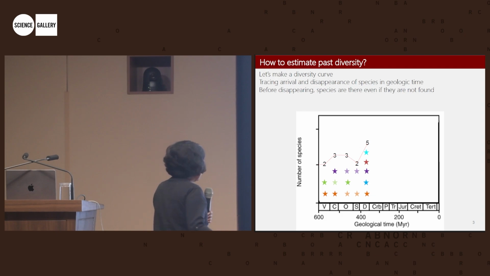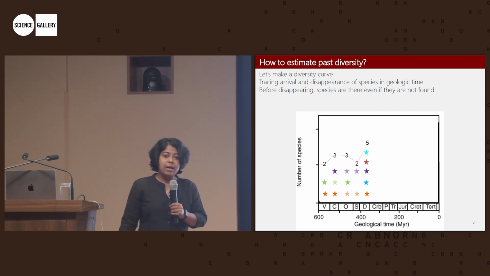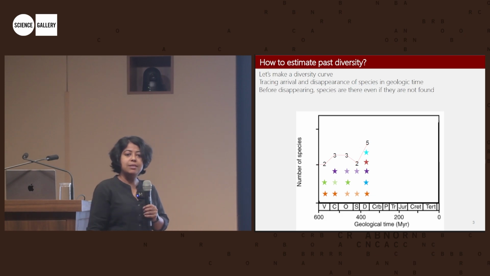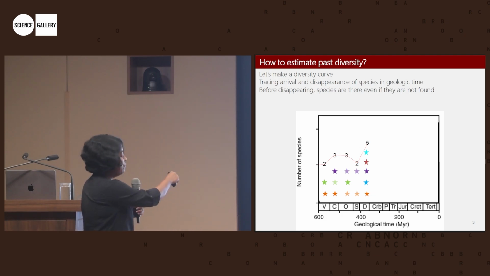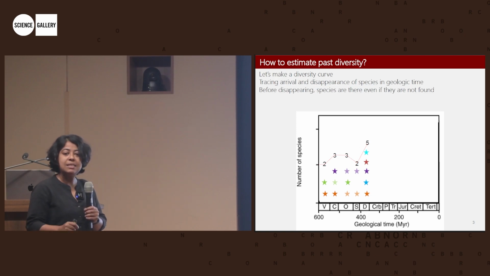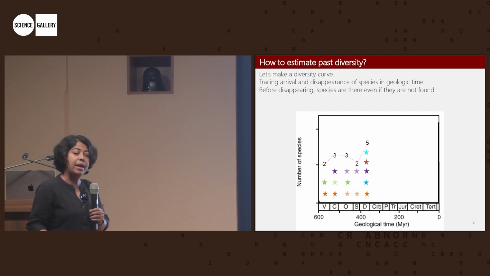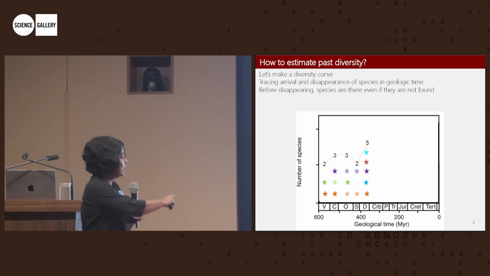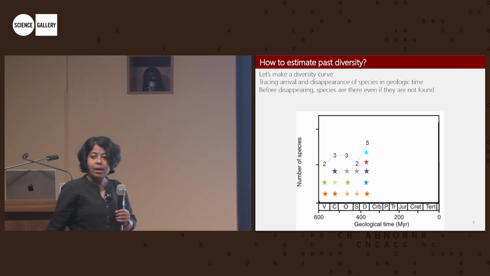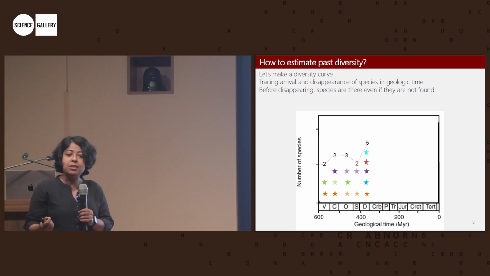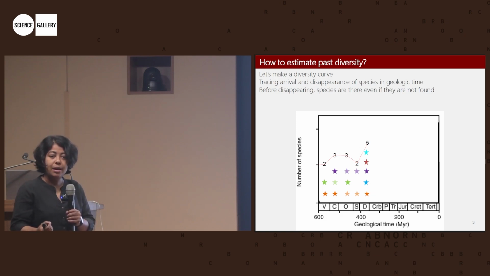Now it gets slightly more complicated because let's say this green species appeared in this V time, then we are not finding it in C time, but then we are again finding it in O time. Okay? And this is a continuous time. And we know that a species appears, it cannot just disappear and then come back again.